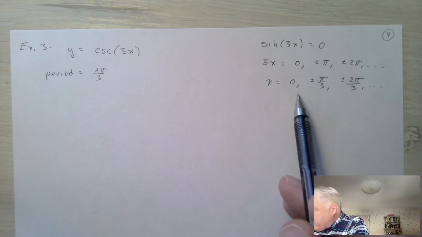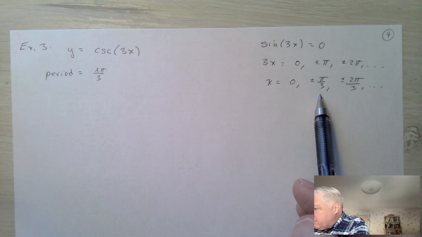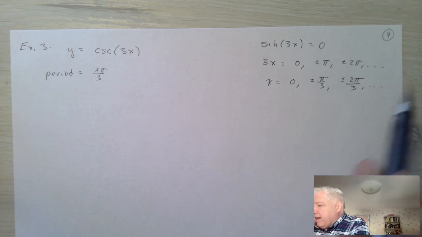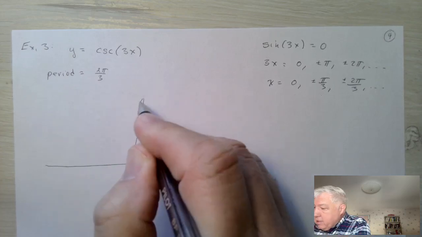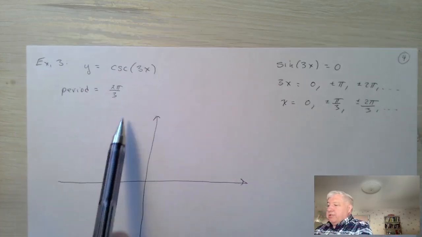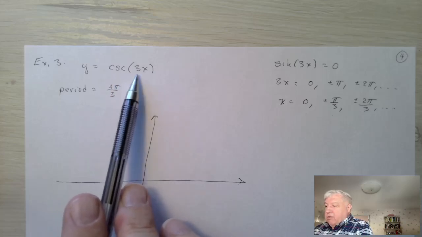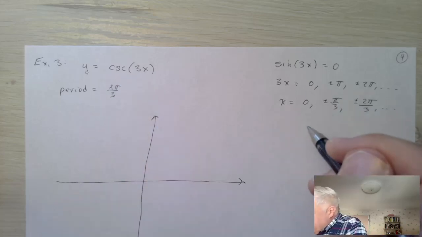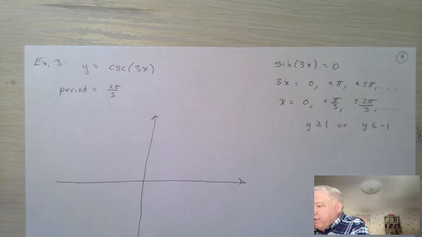Let's go from 0 to pi over 3, and then maybe from pi over 3 to 2 pi over 3, if we want to do that. By the way, the range of y is just going to be the same as the cosecant. So y is still going to be either greater than or equal to 1, or less than or equal to negative 1.